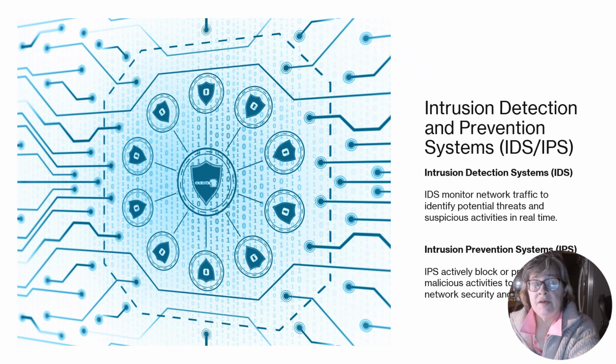Intrusion detection systems identify potential threats by monitoring network traffic, while IPS, or intrusion prevention systems, actively block or prevent detected malicious activities to protect network integrity.